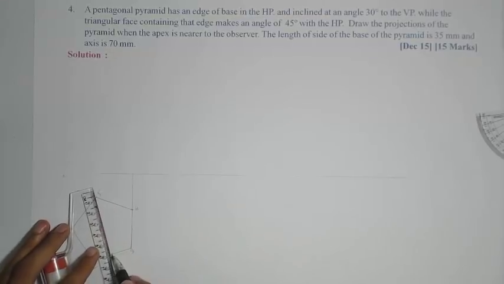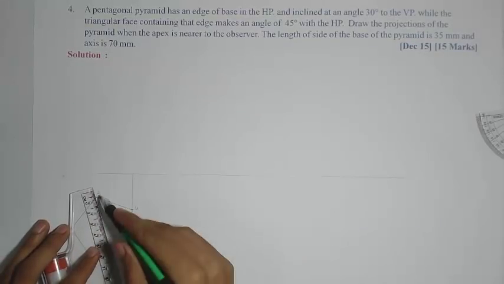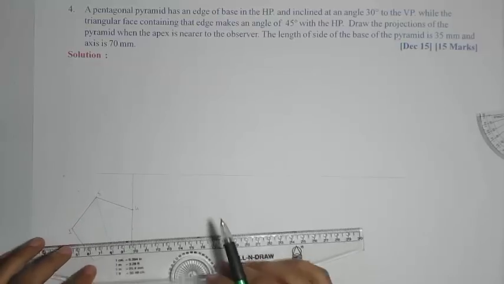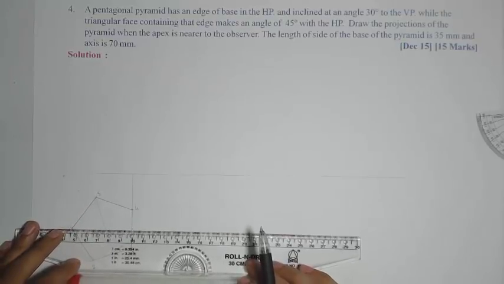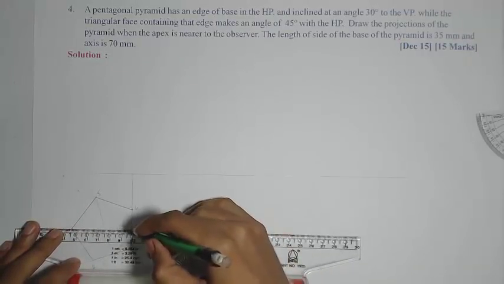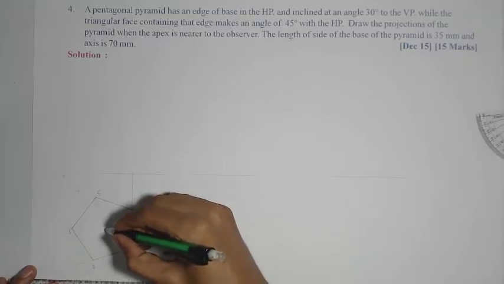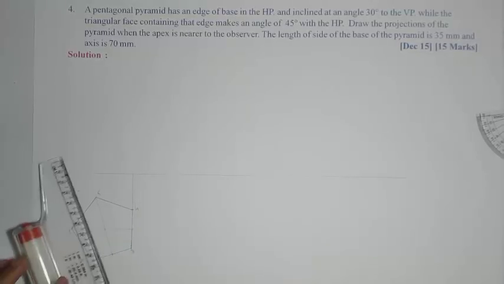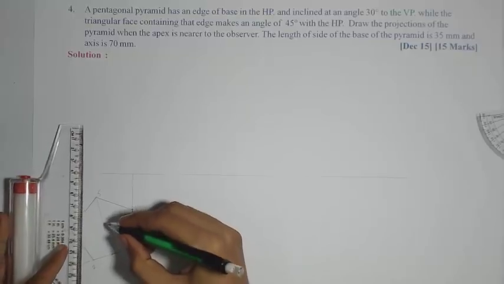Okay. Join these two sides with opposite corner to get the center of the base. So here we have located the center of the base, which is nothing but the apex.